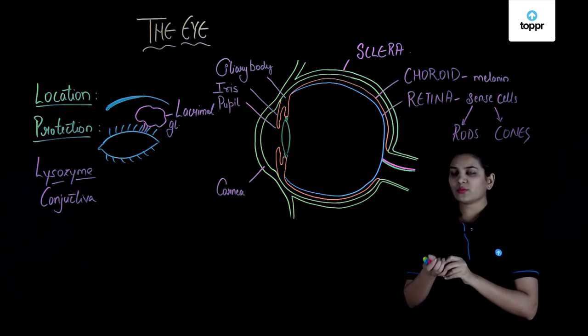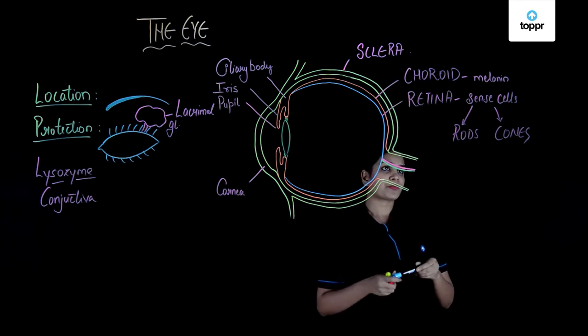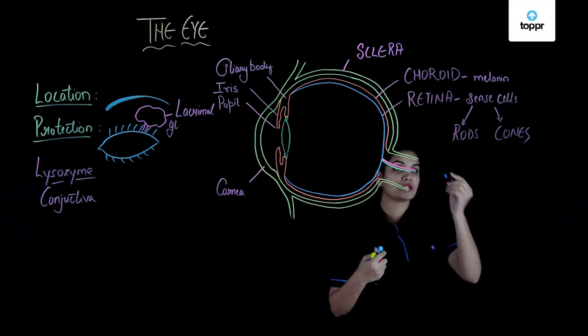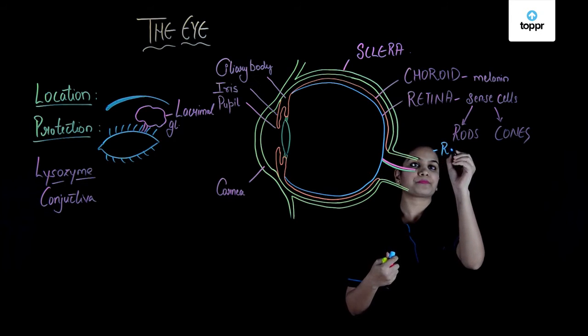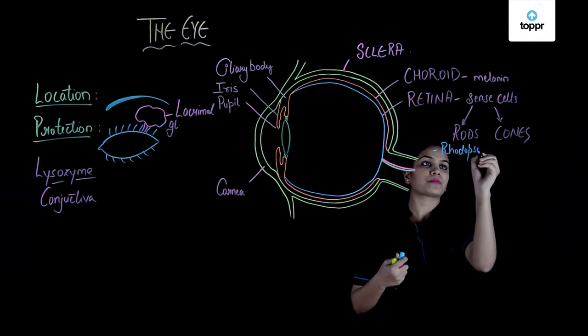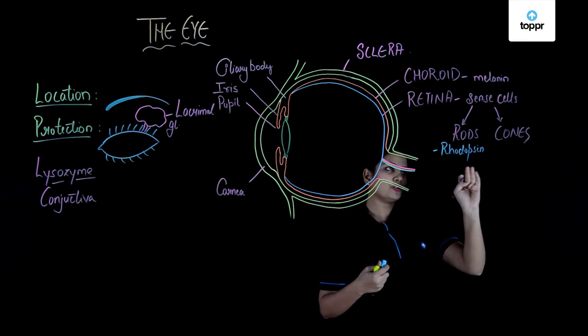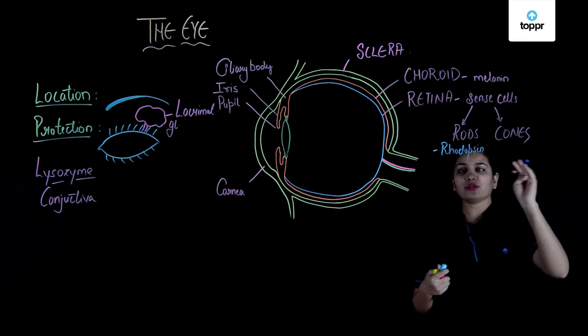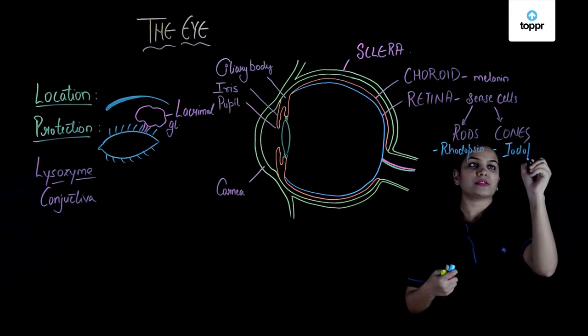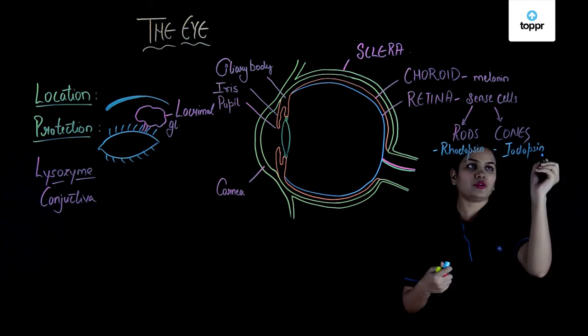Now how about rods? What is the important function of rods? Well, the rods contain a visual purple pigment which we call rhodopsin. Similarly, the cones contain a pigment called iodopsin.